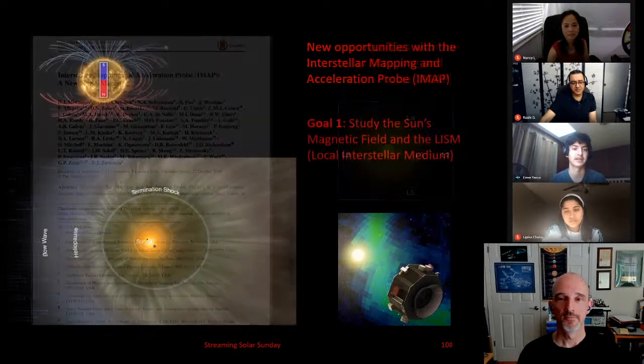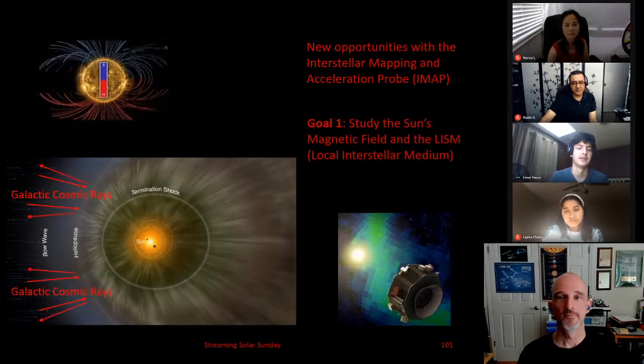So next slide. The first of these objectives is to study the interaction between the sun's magnetic field and the local interstellar medium. So what does this mean? Wolf already discussed the sun's magnetic field, but to quickly summarize, it's thanks to the complex mixing of charged particles in the sun that a massive system-spanning magnetic field is produced.